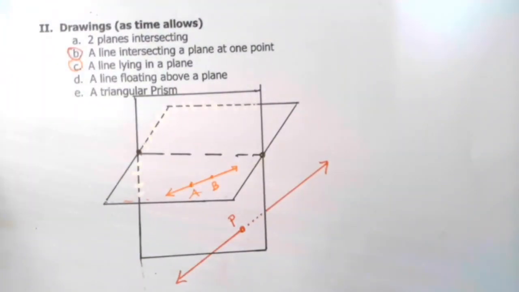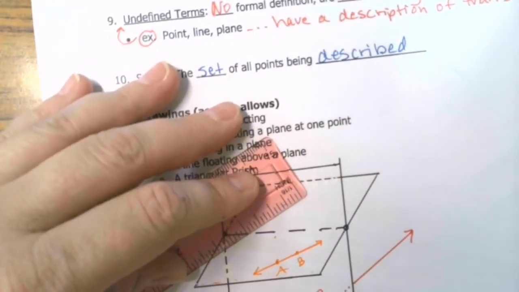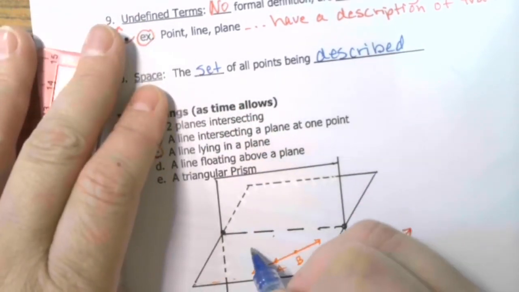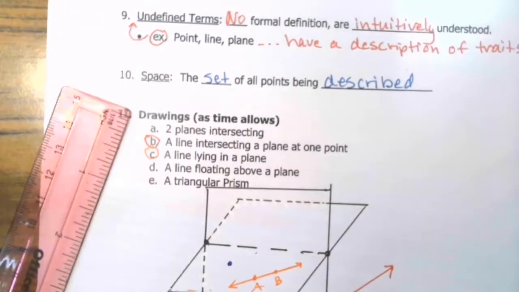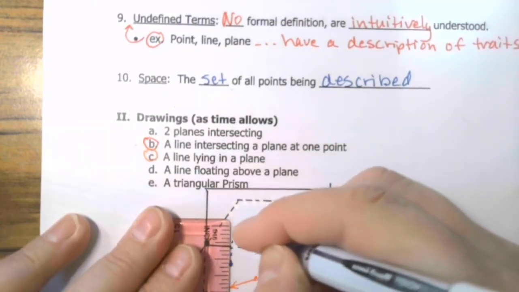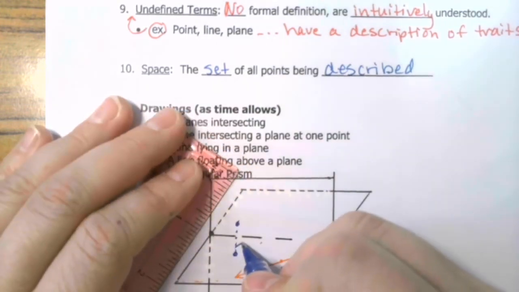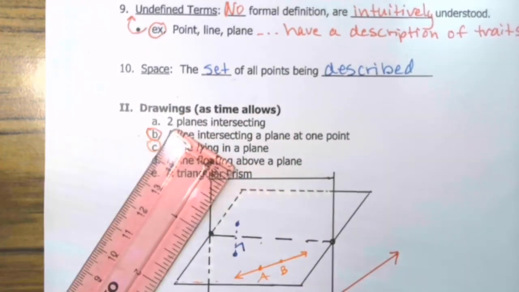Okay, a line floating above a plane. This is a little harder to draw. Again, we did do a little bit of practice. So we're going to have a line that's floating directly above this point. So we dash up to where it hits the line and make a dot. Draw your perpendicular mark.